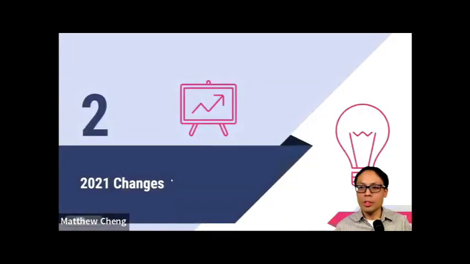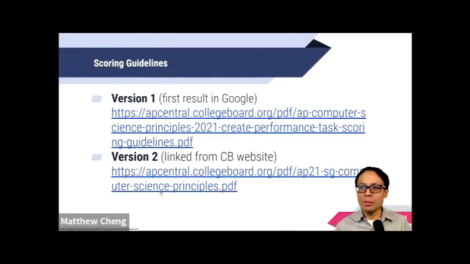All right, so changes that the College Board made. I find this to be a very interesting situation. If you were to go out and Google right now, AP Computer Science Principles Scoring Guidelines, at least for me, and I know Google results are different for different people and in different parts of the country, the first result is this link right here, which is still live, which is the old version of the rubric, which I find a little weird.